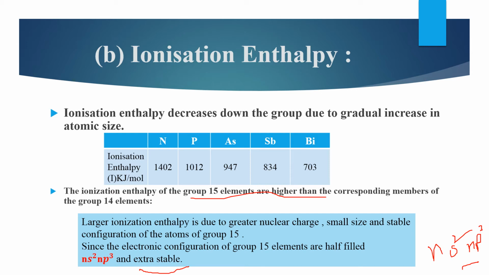Due to the extra stable half filled p orbital, the ionization enthalpy of the group 15 elements will be higher. To break the atom into its ion, we require more energy. So group 15 elements have higher ionization enthalpy as compared to group 14 elements.